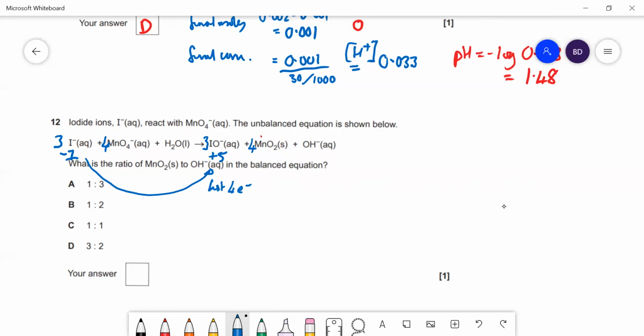Okay, so let's have a look here. Oh, sorry, that's 6 electrons. What am I talking about there? Let's start that one again. Sorry.